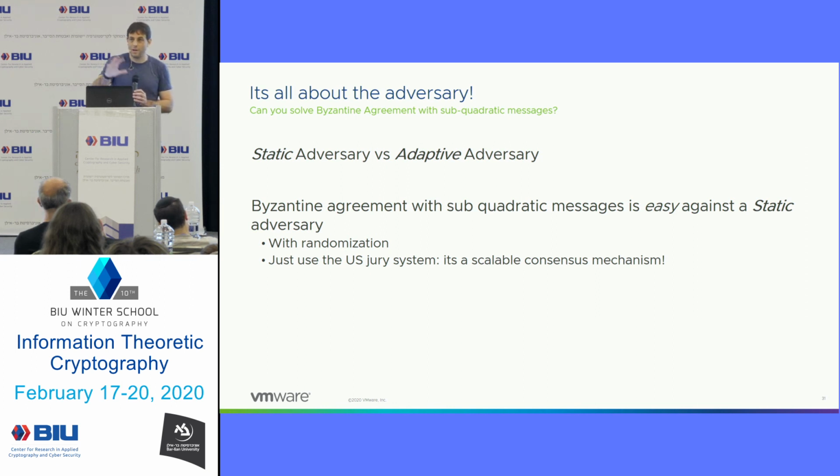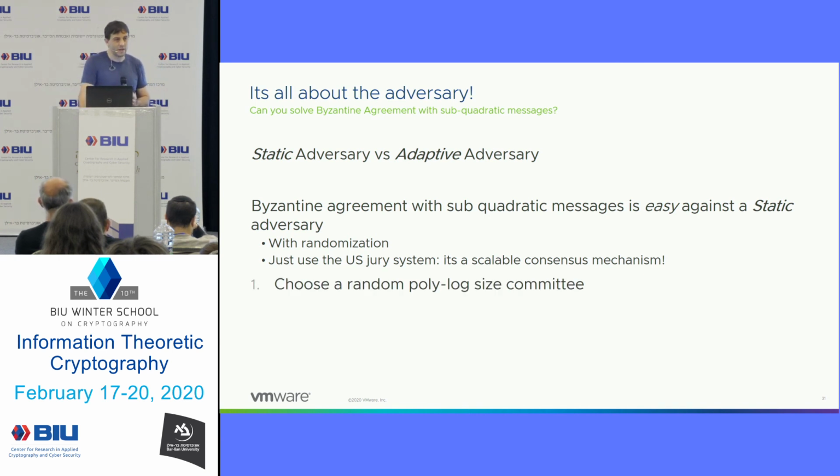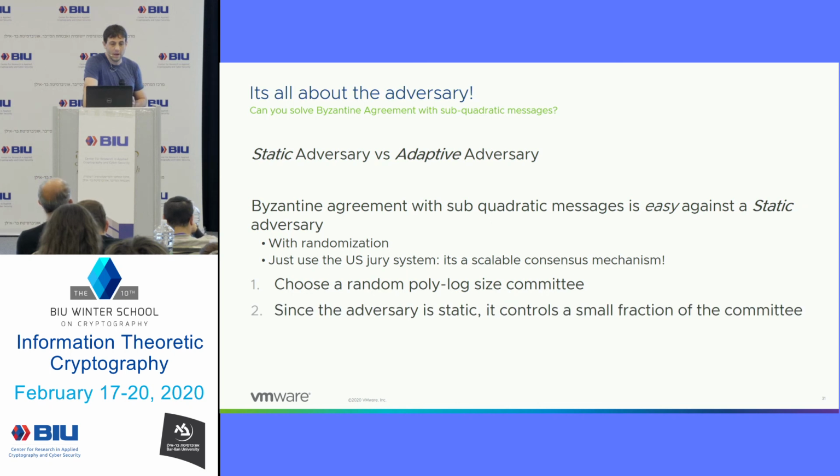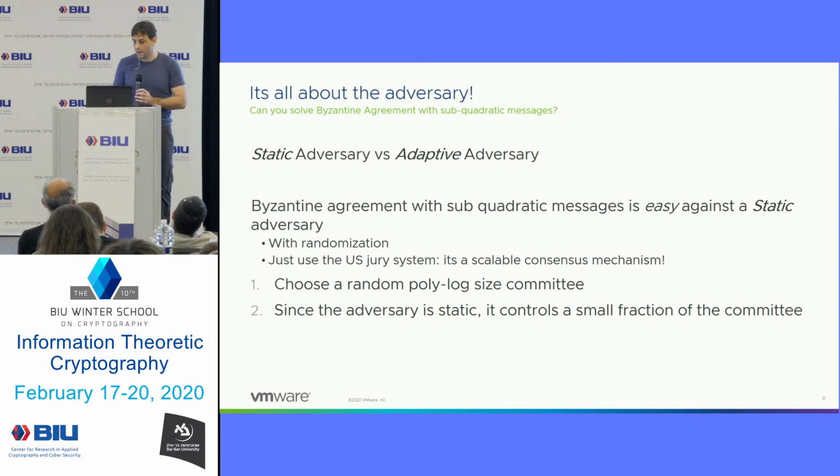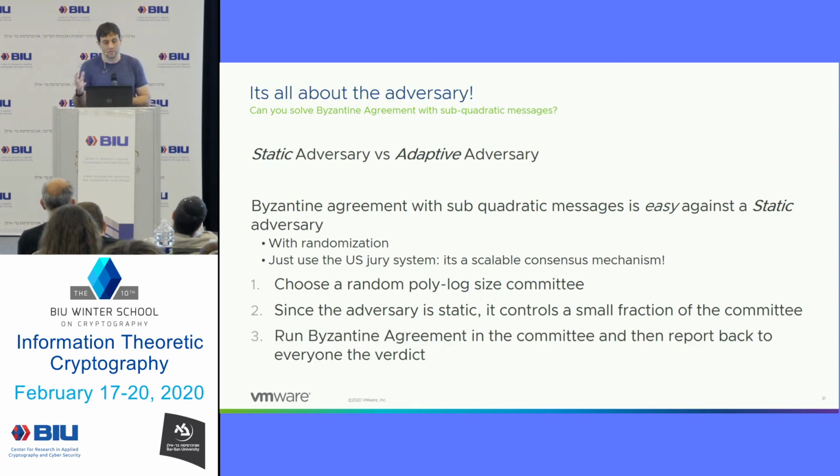If we have only, let's say, 1/3 malicious in the whole population, then with a random subset you will probably get quite close to that. So this is the high-level approach: you choose a random polylog size committee. Since the adversary is static, it controls only a small fraction of this committee, and you run a Byzantine agreement on this committee, and this committee reports back. So at least for a static adversary, it's quite simple.